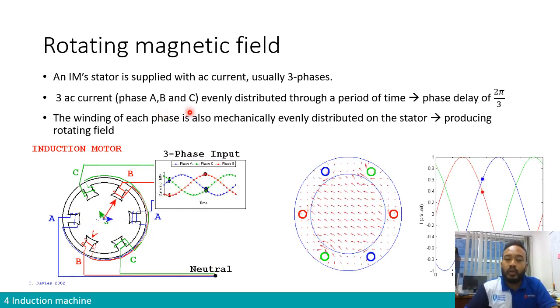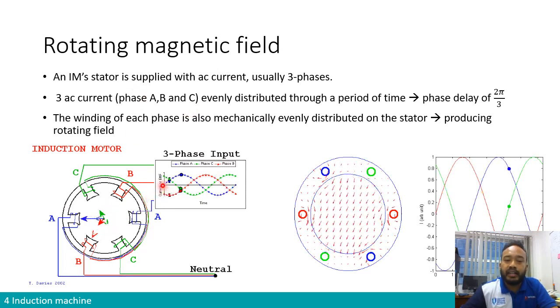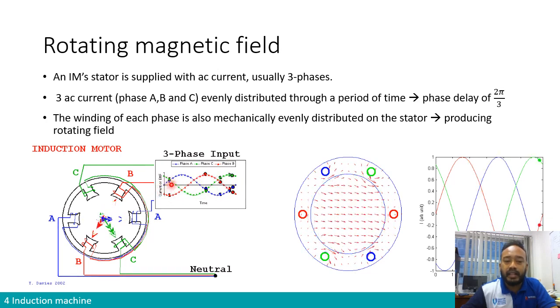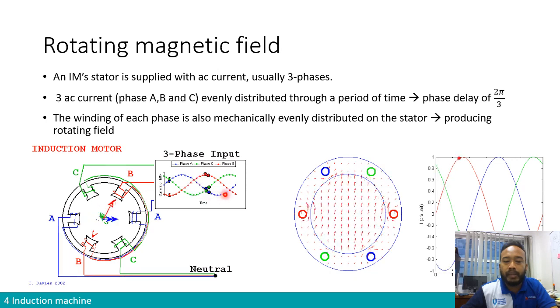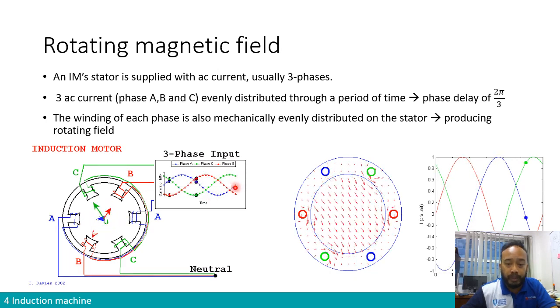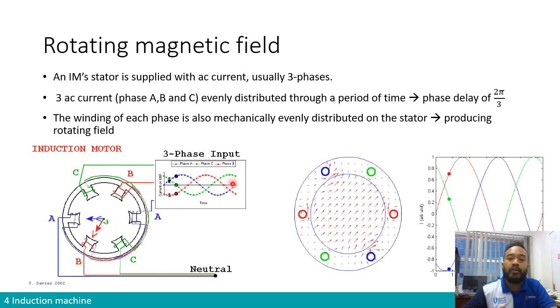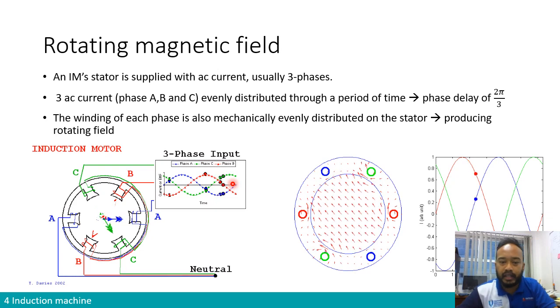What do I mean by a period of time? If we take a single current, let's say this blue one, phase A, when it completes one period, that's what we call one period of time, right? One period is one rotation, 2 pi radian.